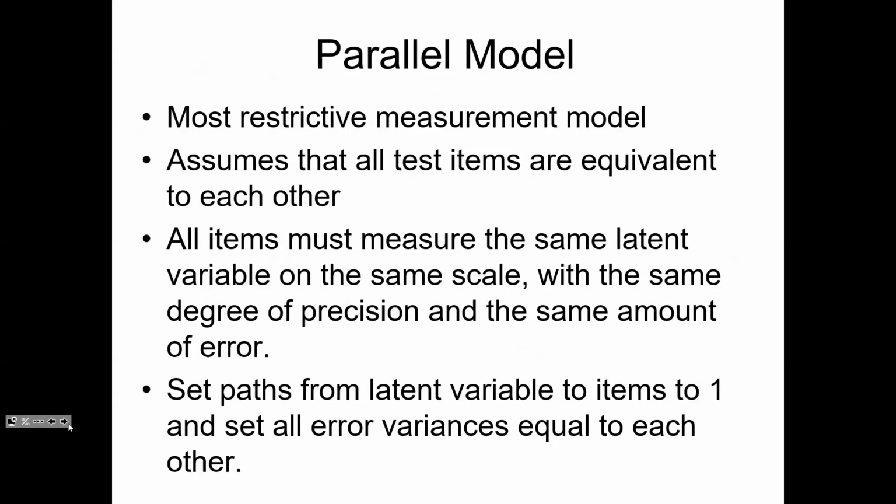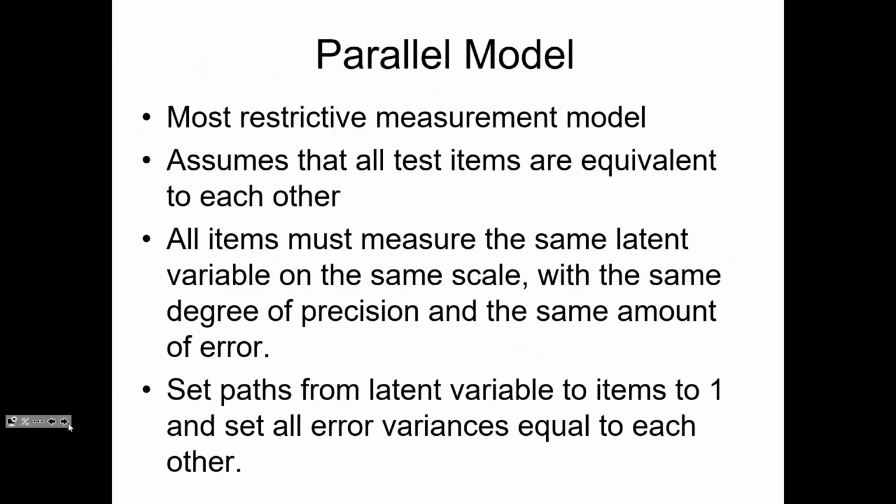Now, the one thing that we're not looking at here, which would be another thing you could look at, we're not going to do this today, would be to think about equality of intercepts. If you really wanted two items that were truly interchangeable with each other, then you would also constrain the intercepts to be equal.